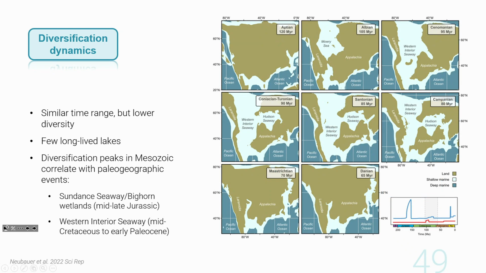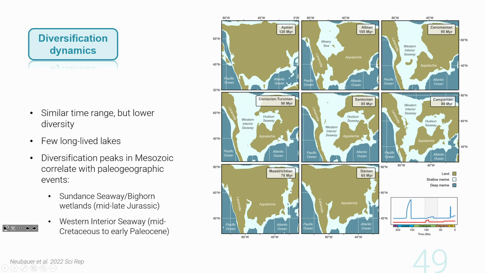And something similar happens in the Cretaceous with the formation and the back and forth of the Western Interior Seaway, partly a very big connection between the Arctic and the Caribbean Sea. And probably again there, the first incision of the seaway caused some extinction, and then the back and forth maybe produced some freshwater environments at its margins that sparked diversification again.